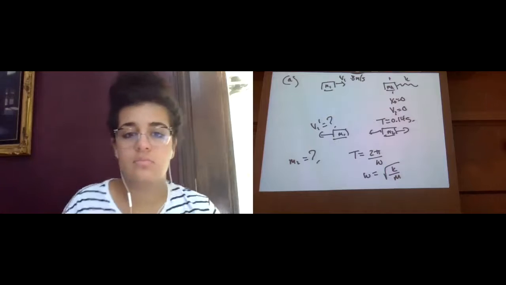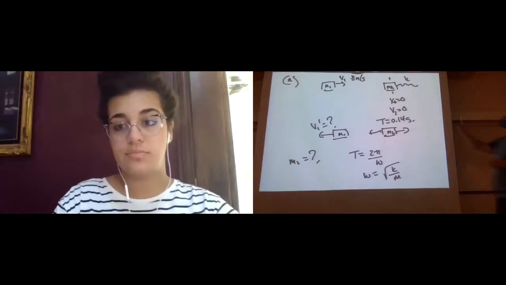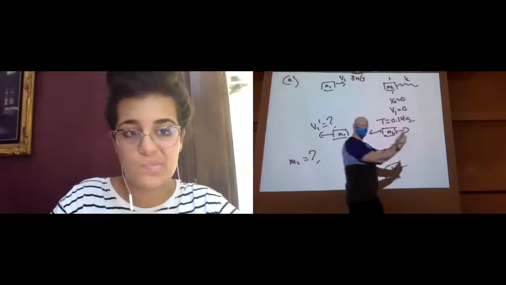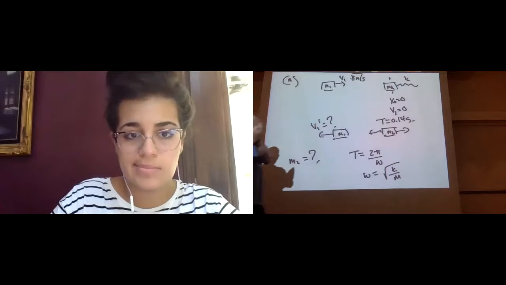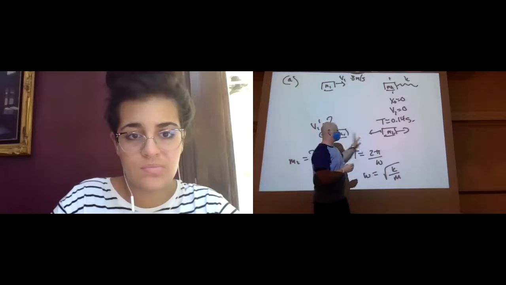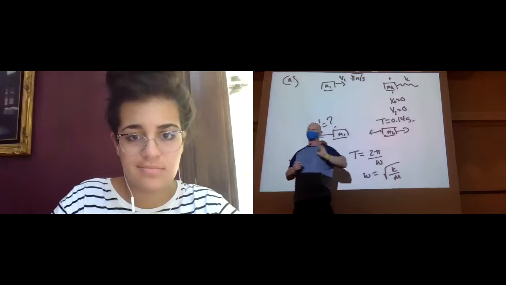Is the period only given by when these two things are stuck together, in which case it would be the two masses, m1 and m2, or does the period have basically nothing to do with m1 because only m2 is oscillating back and forth?